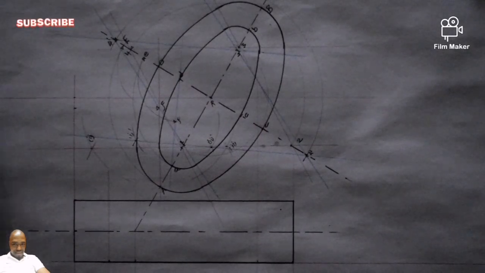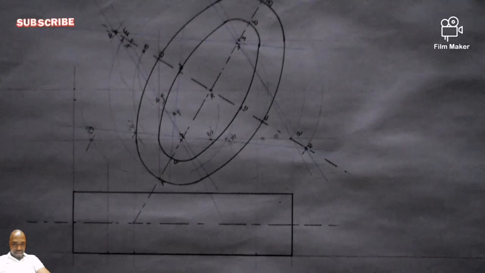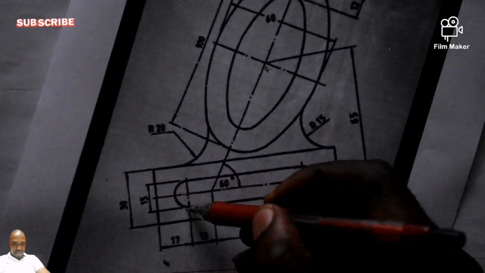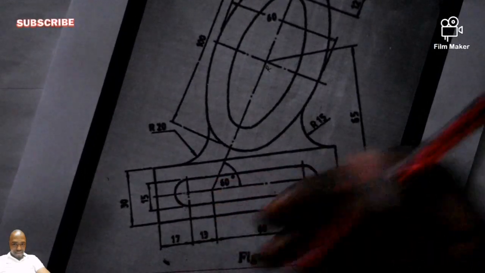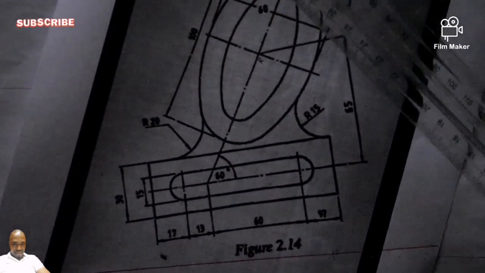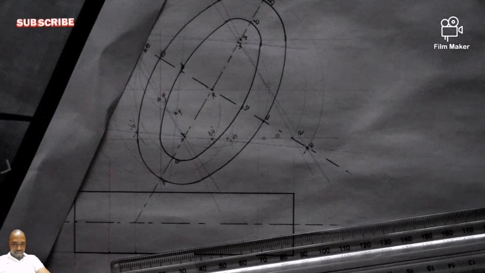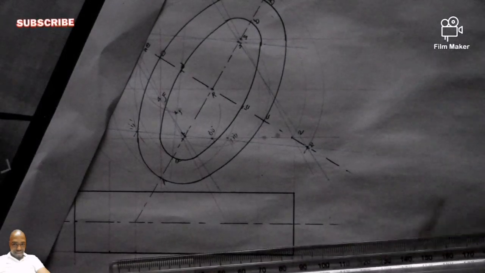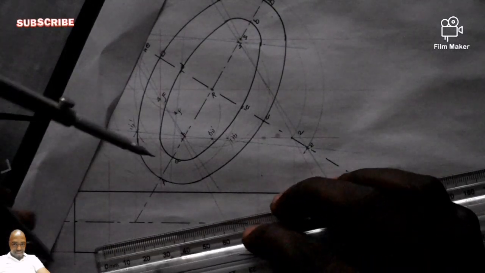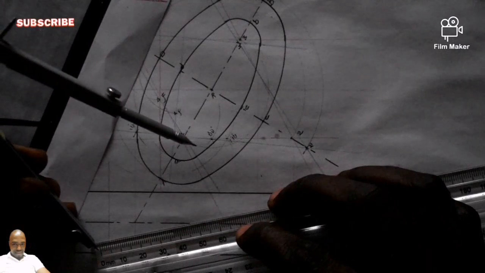So to have that one, simple, straightforward, we are told from here till here is 15 millimeter. So if you say 15 millimeter divide by 2, you are getting how much? You are getting 7.5. So simply open your drawing compass to 7.5.